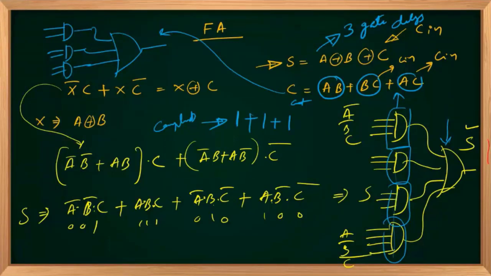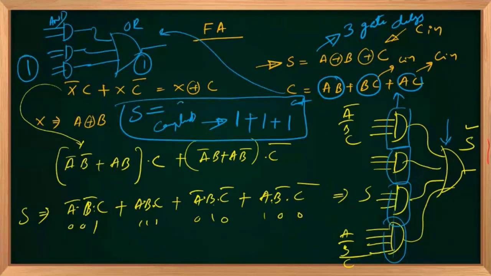So I have to use two-level gates. One is AND, corresponding to one gate delay, and another gate in series with the AND array, that is the OR gate, another gate delay. So effectively for sum, I have three gate delays. For carry, I have two gate delays.